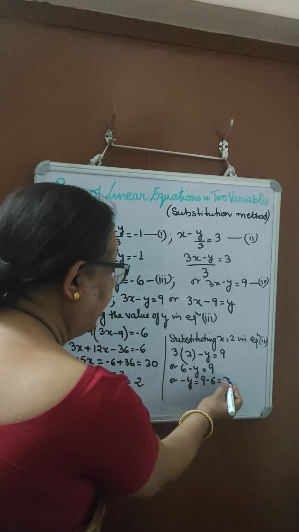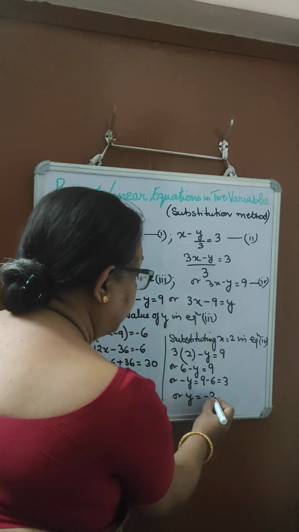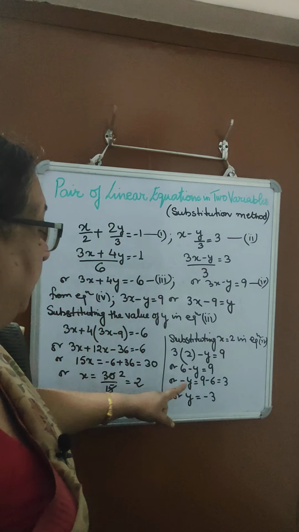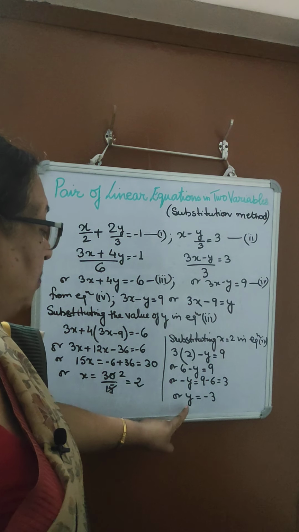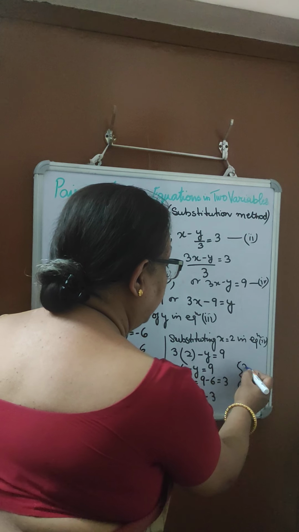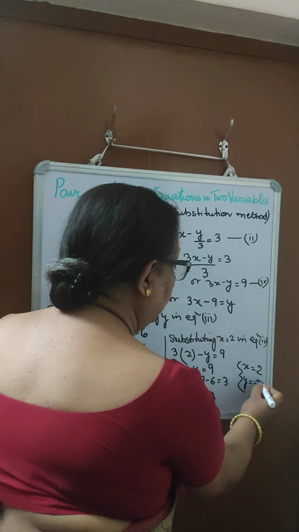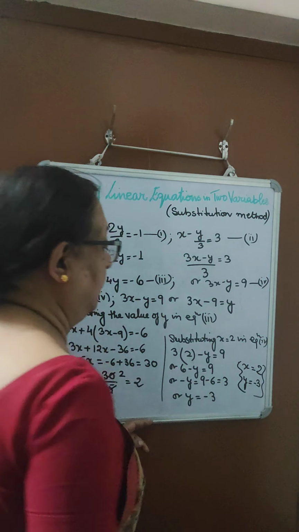Now minus y is 3, so y will be minus 3. So your answer will be x is equal to 2, y equal to minus 3.